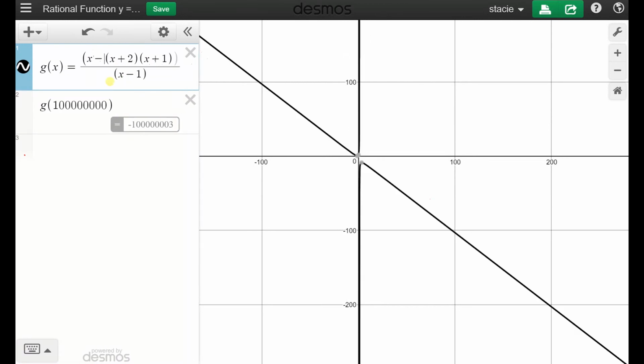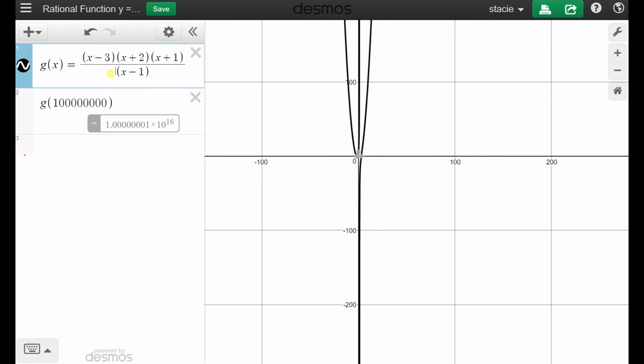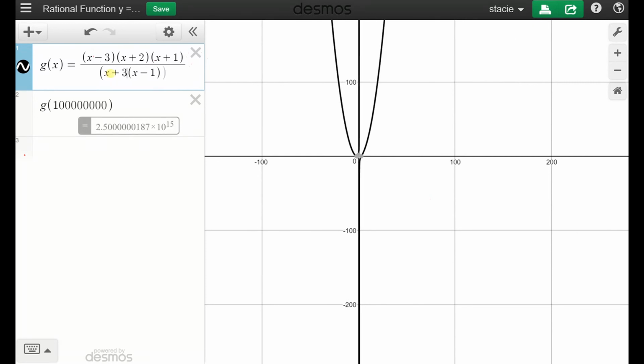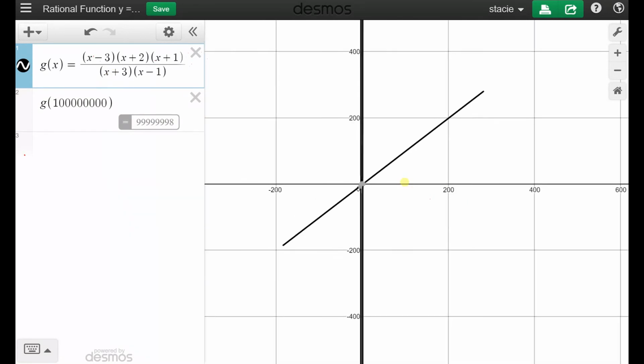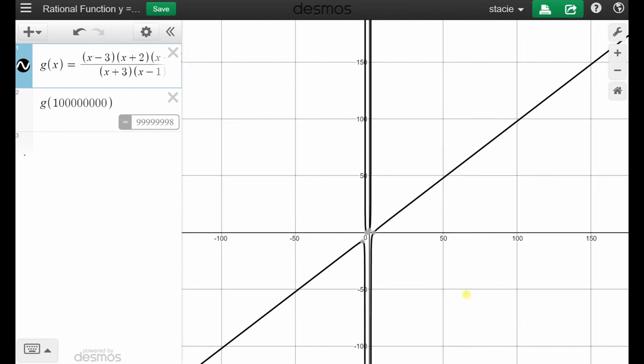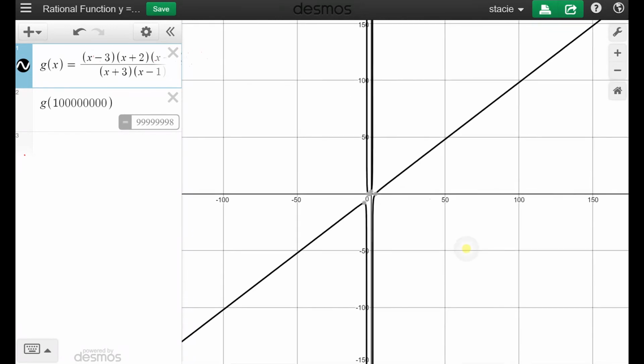So say I do some more terms. I'm trying to make it so nothing cancels. Okay, so in this situation there's a lot happening right in the middle around those vertical asymptotes, but then over time, again we have an oblique asymptote.